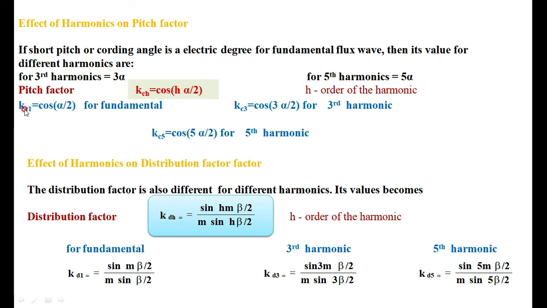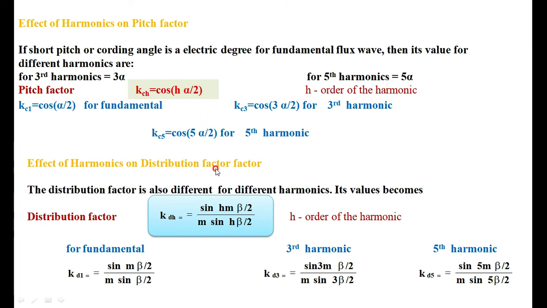For the fundamental, h is equal to 1, so it is cos alpha by 2. For the fifth harmonic, h is equal to 5, therefore cos 5 alpha by 2. For the third harmonic, h is equal to 3, therefore kc3 is equal to cos 3 alpha by 2. This is how we calculate the coil span factor for the different harmonics.